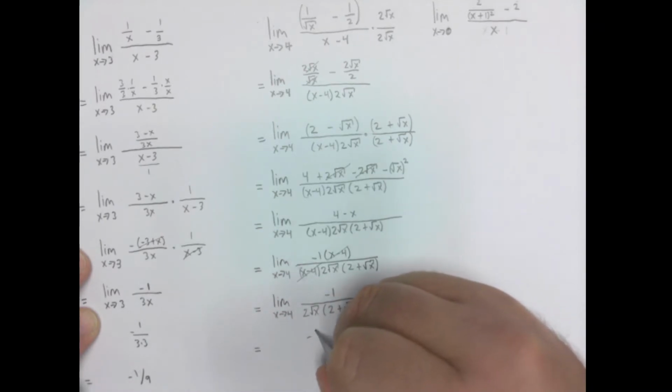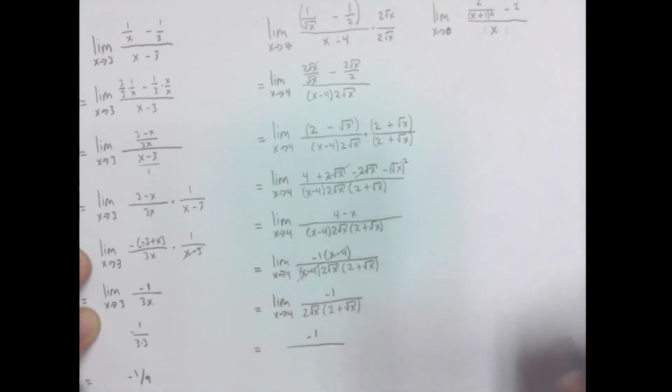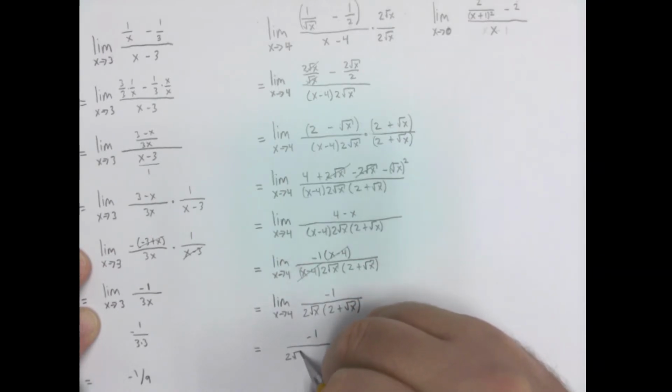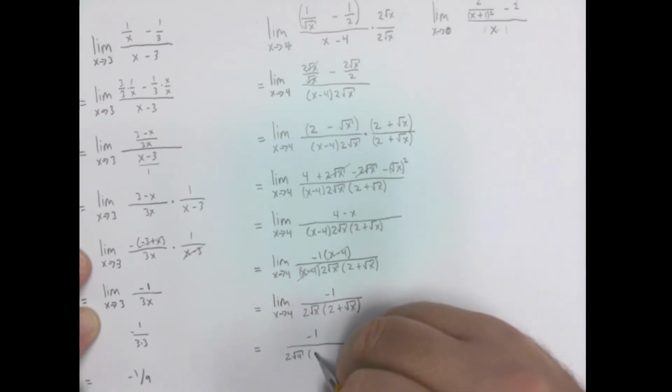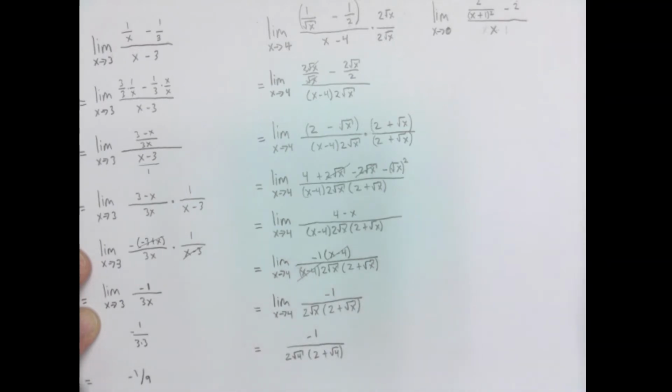We still just have a negative 1 up top. And we have 2 times the square root of 4 times 2 plus the square root of 4.